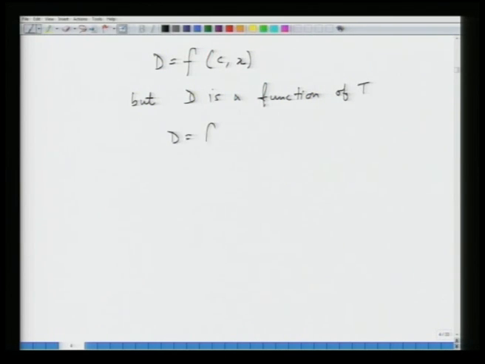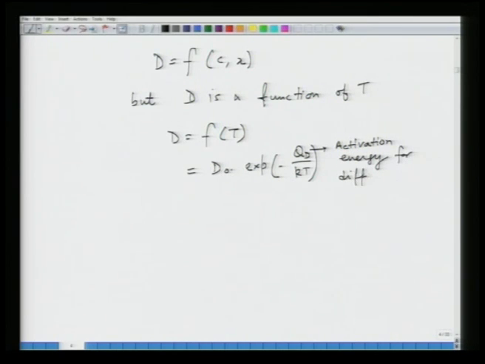So, D is a function of temperature and it is given as D naught exponential minus QD by kT, where QD is the activation energy for diffusion and T is your temperature and k is nothing but your Boltzmann constant.